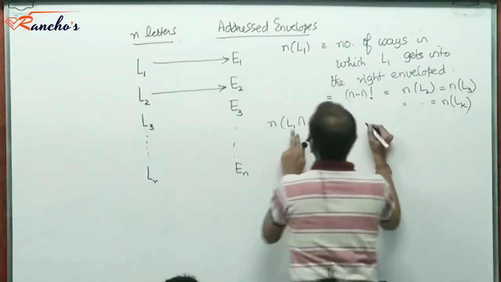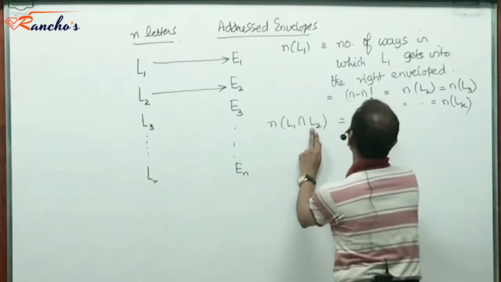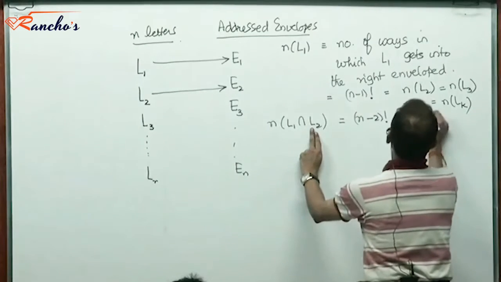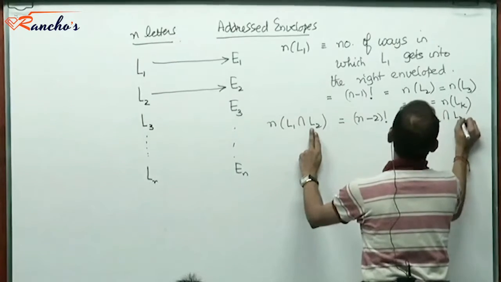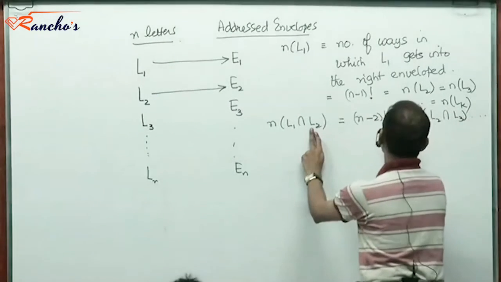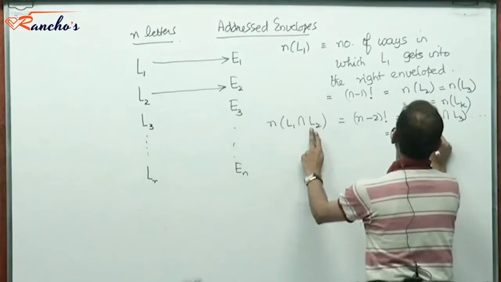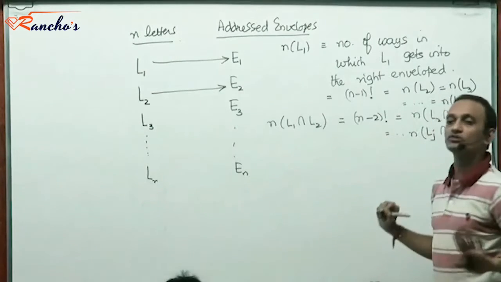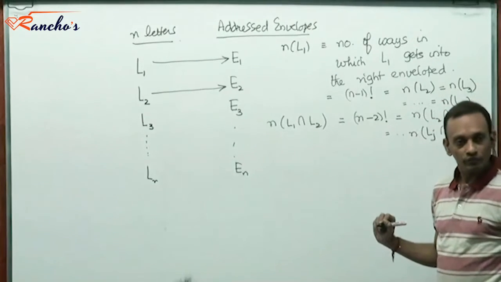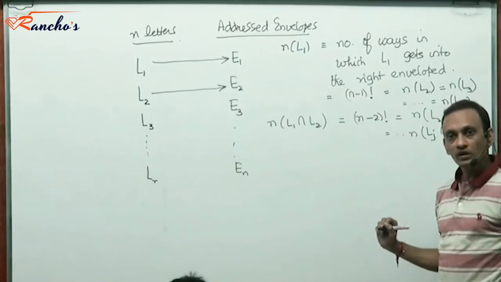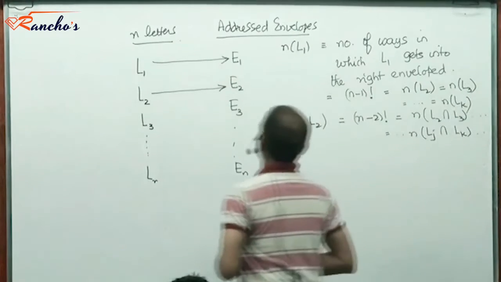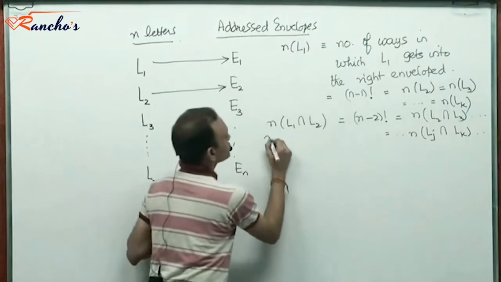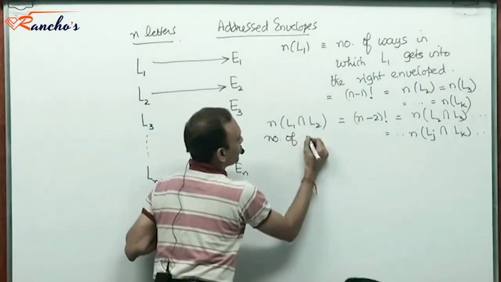So number of ways in which L1 and L2 get into the right envelope would be N-2 factorial ways, which is the same as number of ways in which L2 and L3 get into the right envelope, and so on and so forth. Is the same as the number of ways in which some Lj and Lk get into the right envelope, and so on and so forth. Yes or no? Clear? Now, similarly, this is number of ways in which L1 and L2 get into the right envelope.